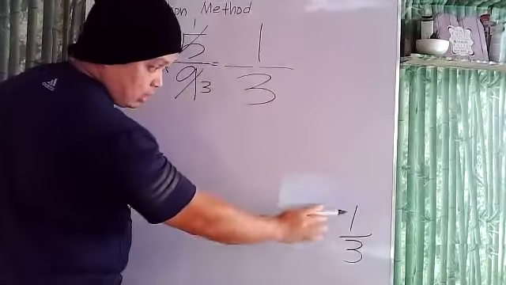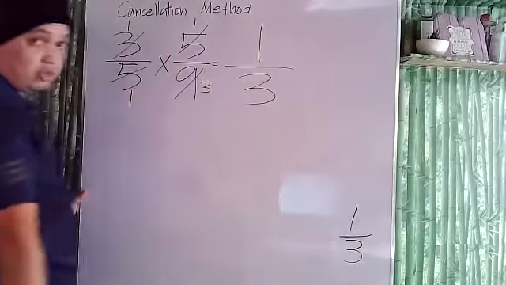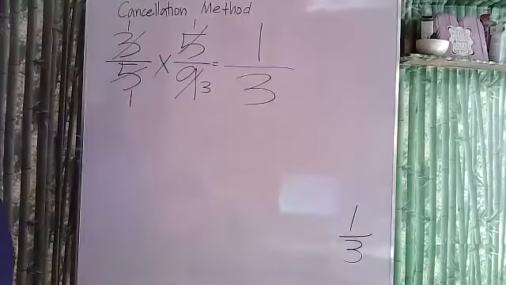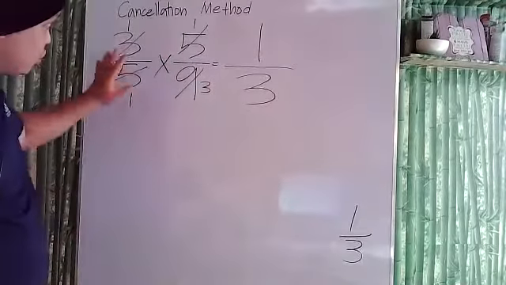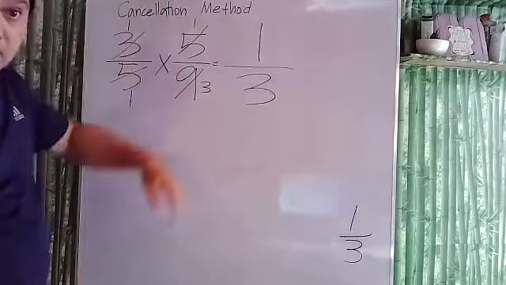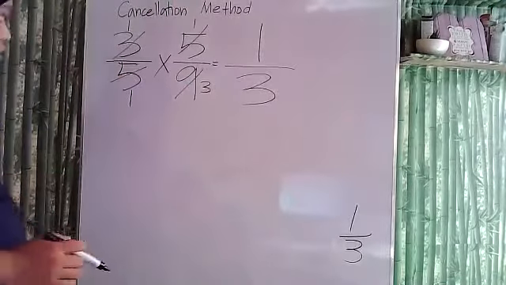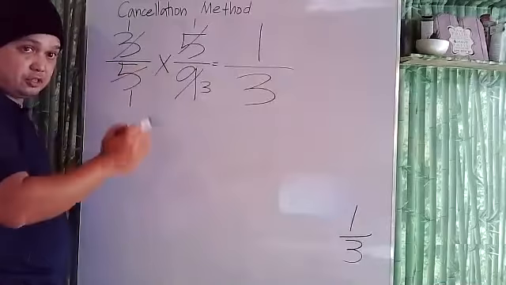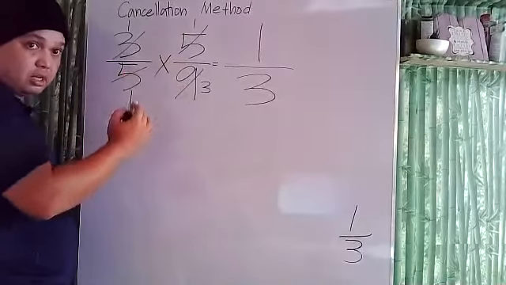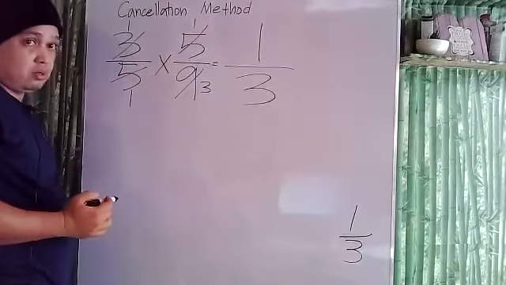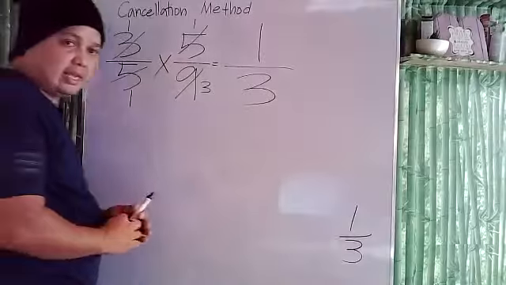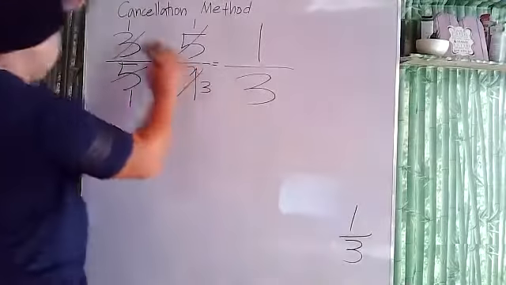It's the same as our answer in the long method, which is also 1/3. Only that we have used the cancellation method. Before we multiply the fractions, we cancel first crosswise if they are both divisible. Okay, so let's try yesterday's example number two.